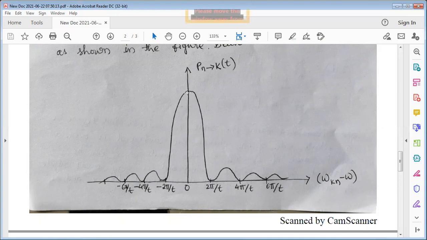So at this point, where (ω_kn − ω) squared is equal to 0, the probability of finding the system in the state k becomes a maximum, and as this value increases, the probability goes down. That is shown in the diagram.